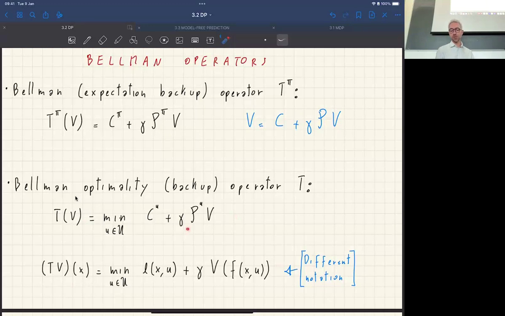And here I'm using the probability transition matrix, whereas here I'm using the dynamics notation, assuming that the system is deterministic, of course, otherwise I cannot use it. So these two operators, T-pi and T, are going to be the core operators for the following algorithms for solving the prediction and the control problem.